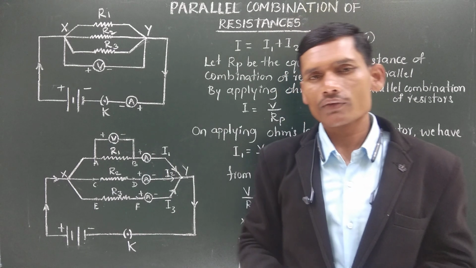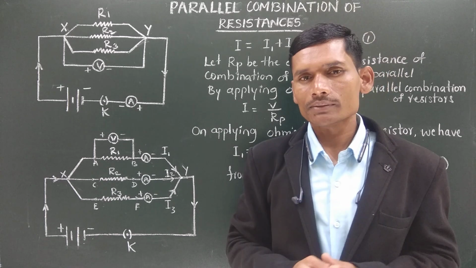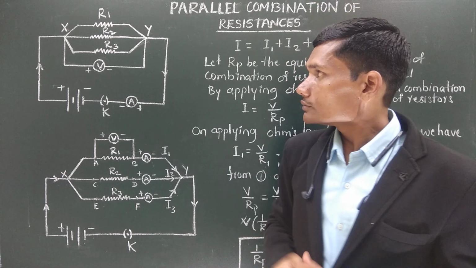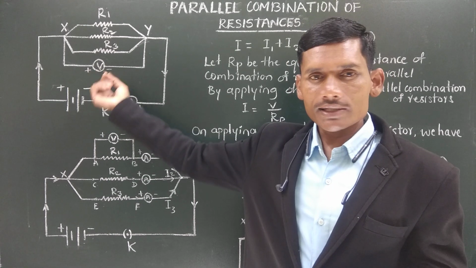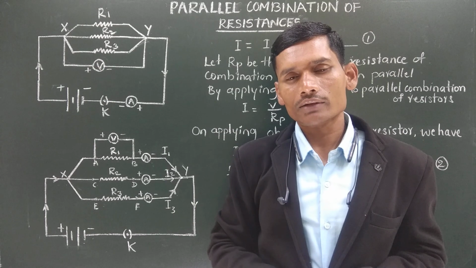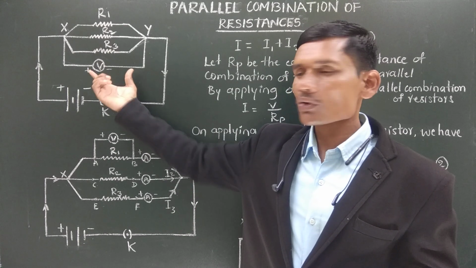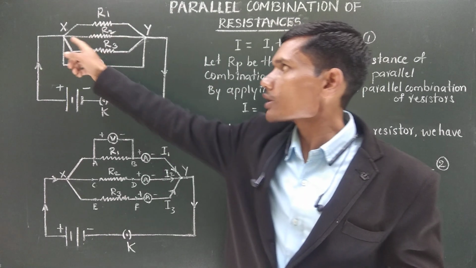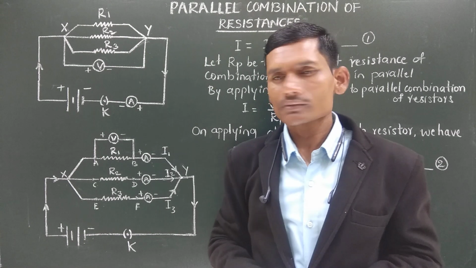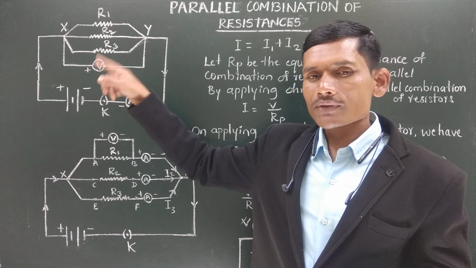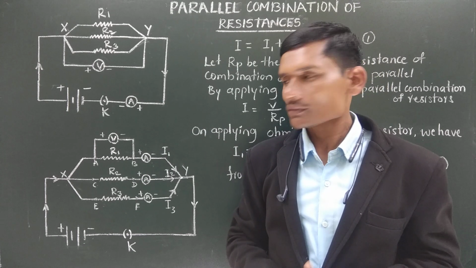It gives a certain value of current, let it be I. Now, the voltmeter reading gives a certain value of potential difference across this combination of resistors. That potential difference we are taking as phi, right?